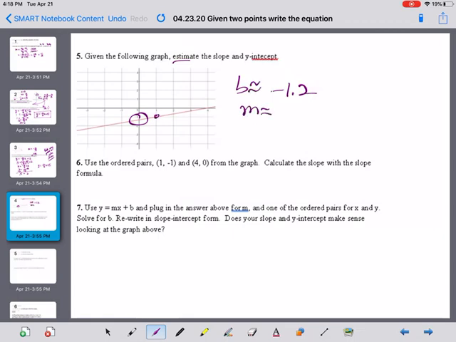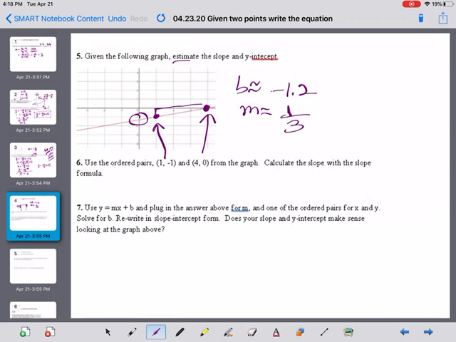And then the slope, well, let's see. We could pick two easy points to find the slope. There we go. So it's up 1 and to the right 3. So the slope is exact here. So now let's use the ordered pairs. So 1, -1 is here. 4, 0 is here.